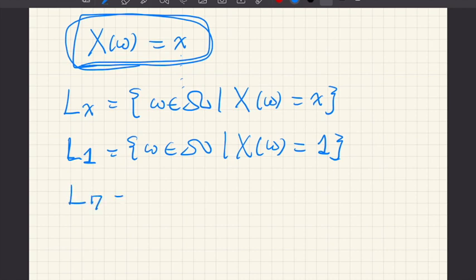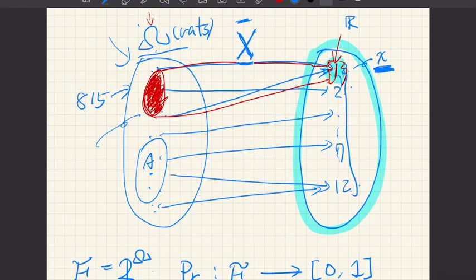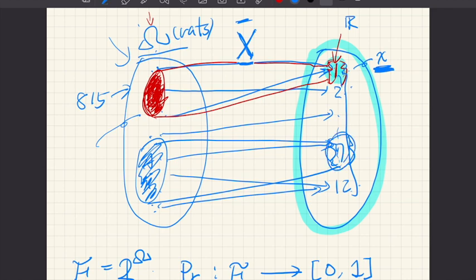If this is 7, it's a subset of omega such that this took the value of 7. Okay, so just pick 7 here, then we map this set of 1 value into this, then this is the event that corresponds to this value.